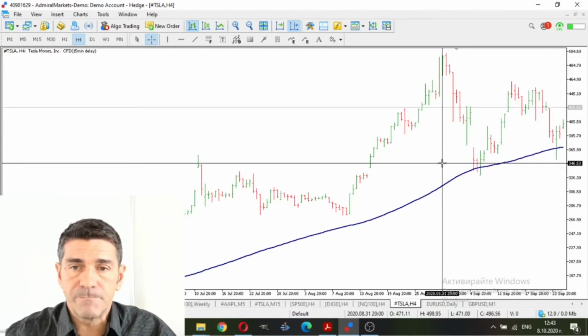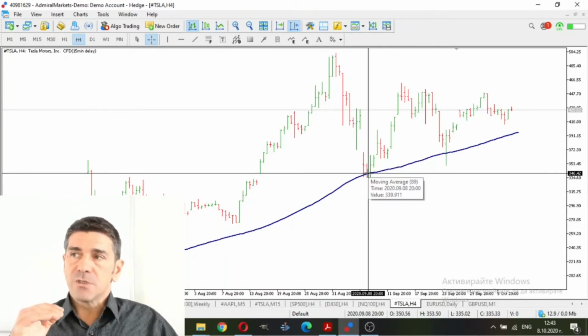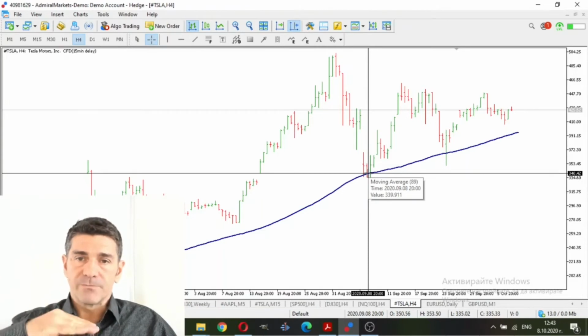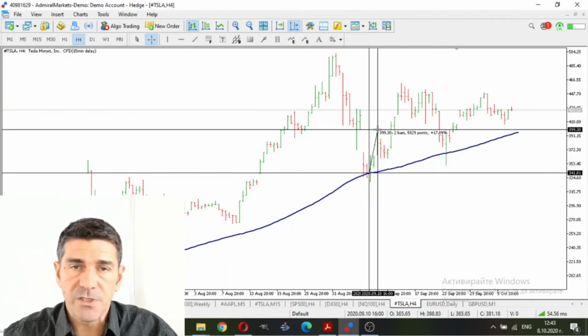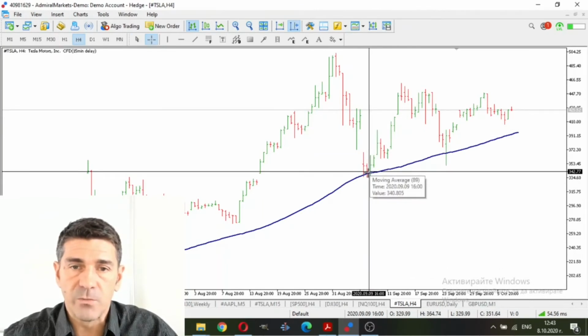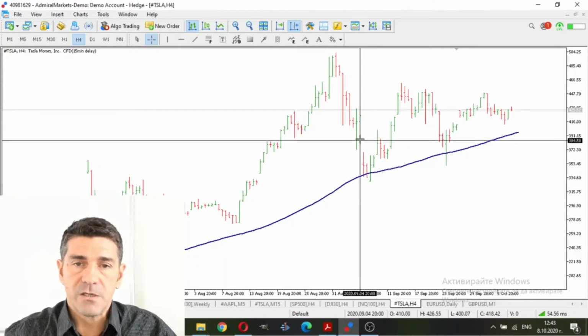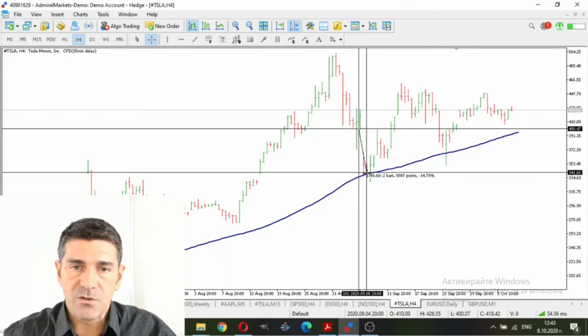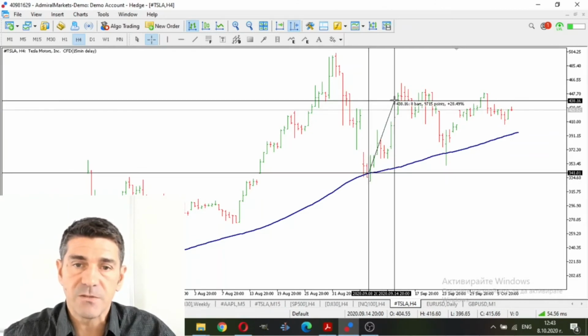The second observation is that the moving average should play the role of a moving support or resistance level. Here we see twice this moving average playing this role. The moving average is playing the role of support in this case. What do I mean? The prices go down until they reach this moving average and bounce back from there.